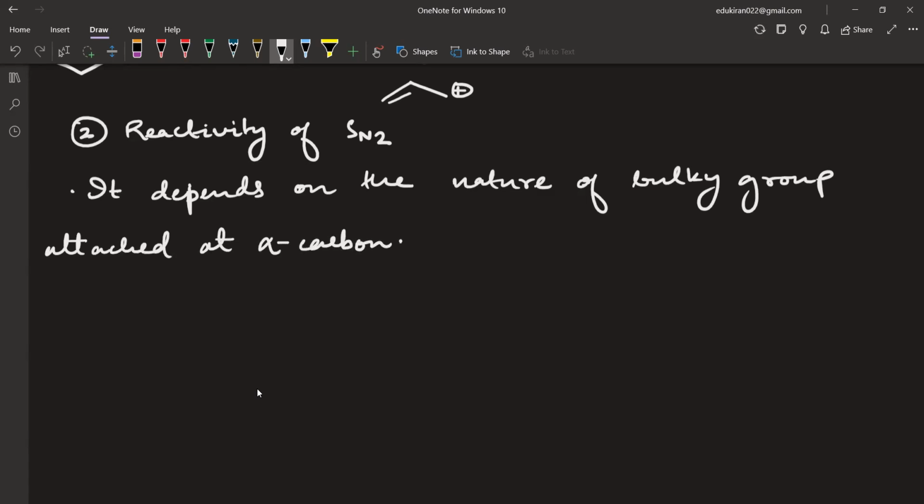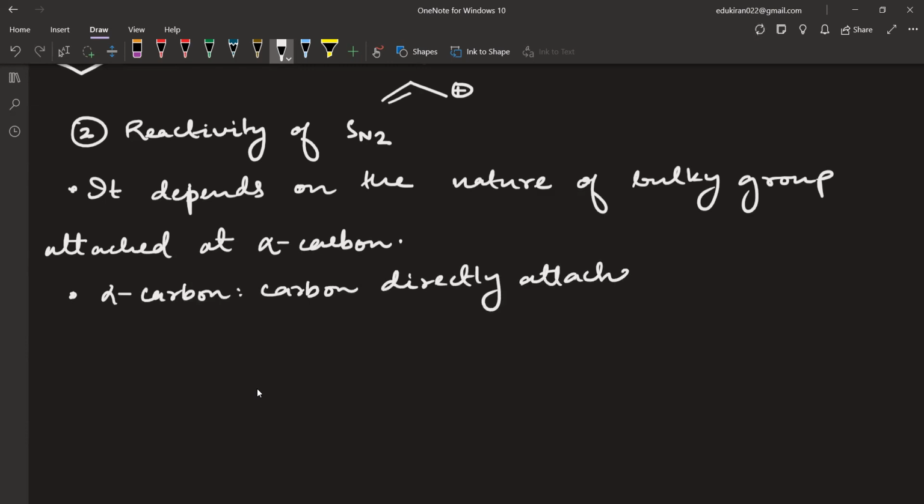What is alpha carbon? Alpha carbon is carbon directly attached to halogen. Okay. Now, please write.